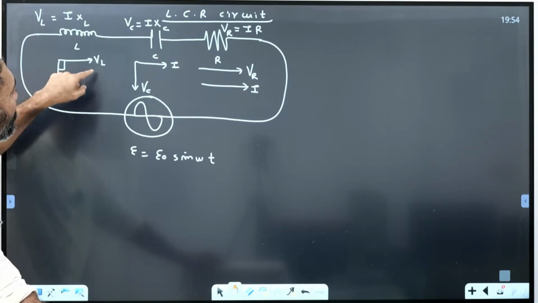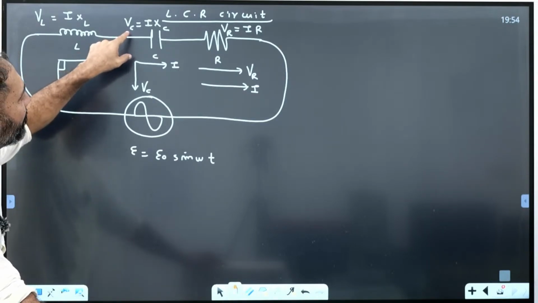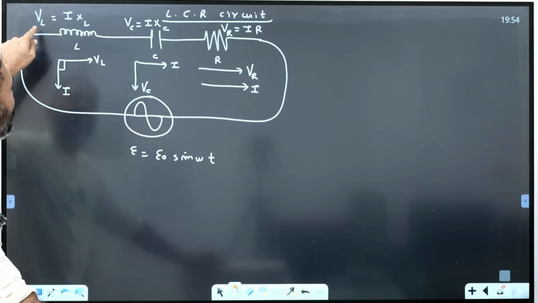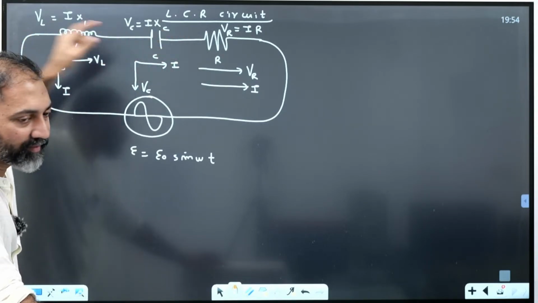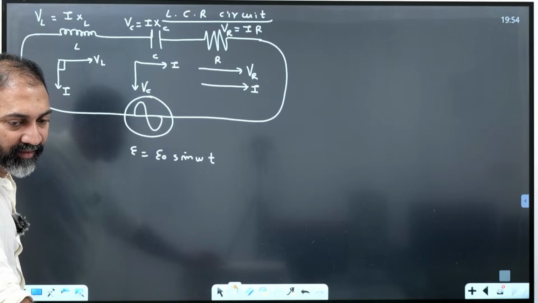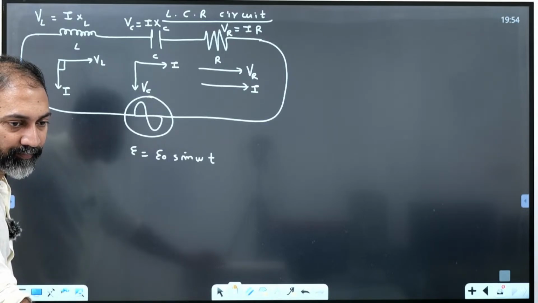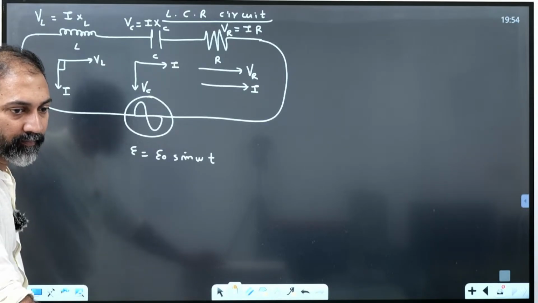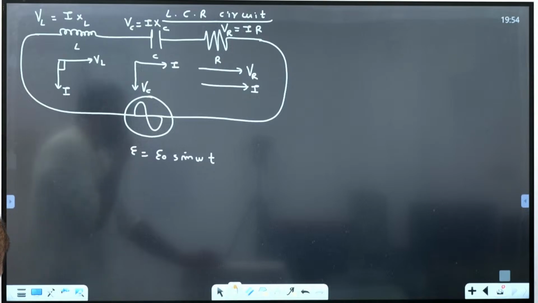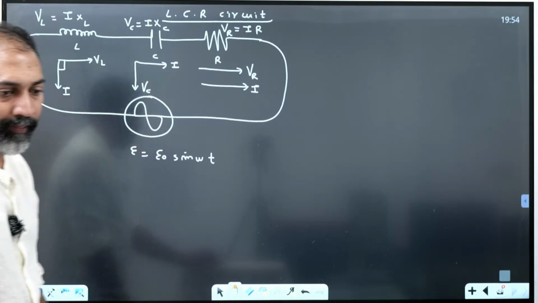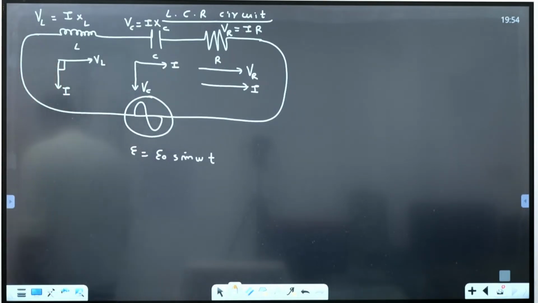Here it is V suffix L. It is V suffix C, voltage across capacitor, V suffix L voltage across inductor, V suffix R voltage across resistor. Any doubt? Please note this figure.